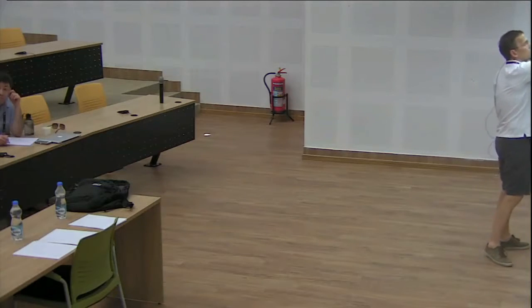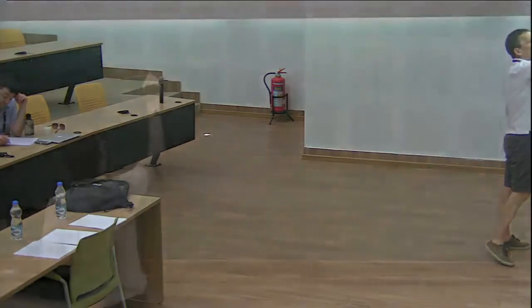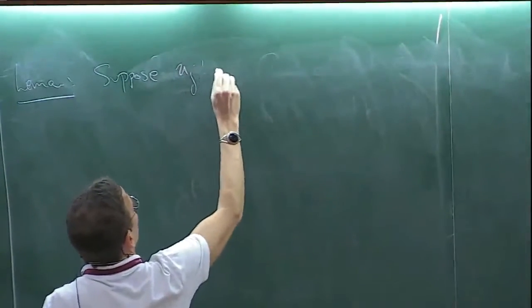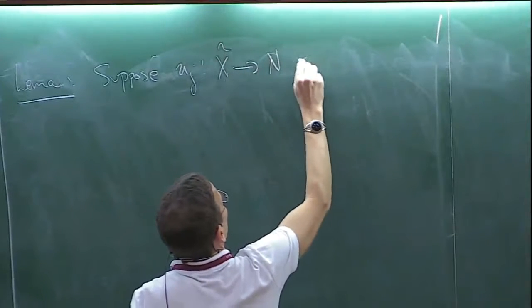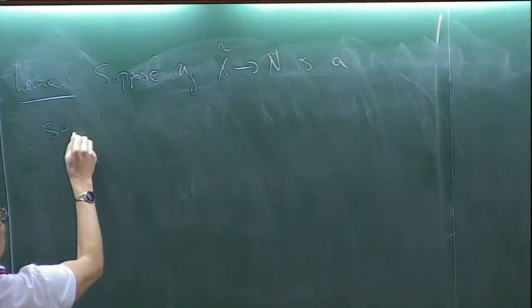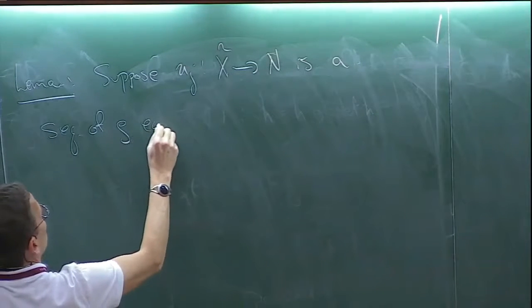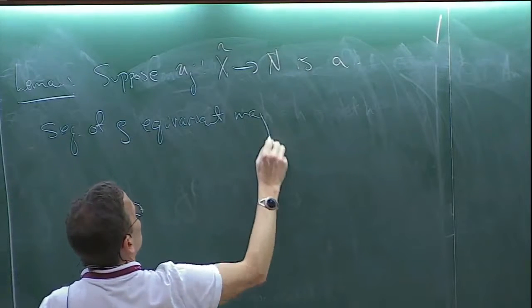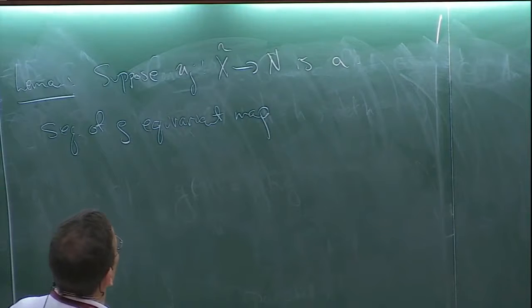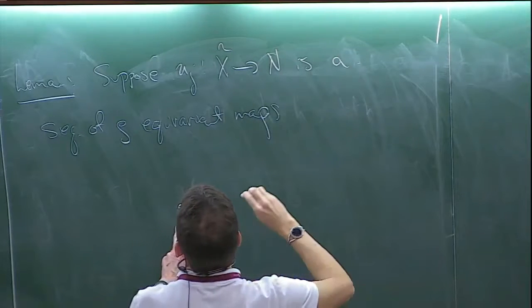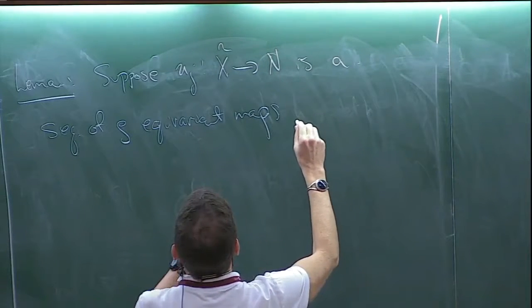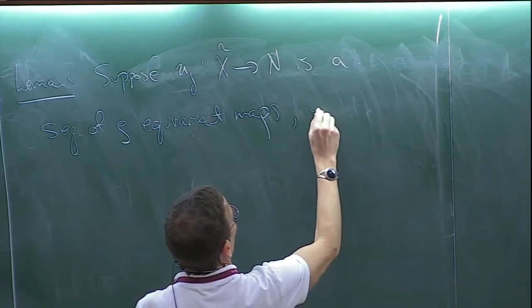So the second key lemma is the following. Suppose that Uj is a sequence of rho equivariant maps on X, and here rho I'm going to assume is irreducible.